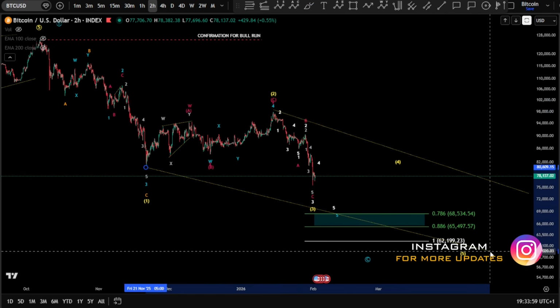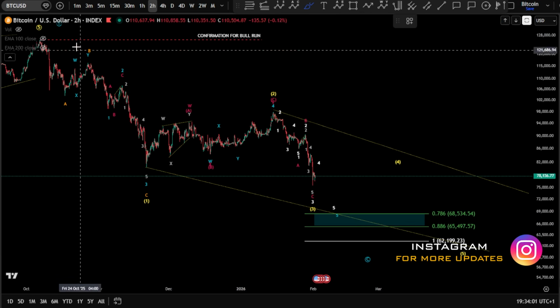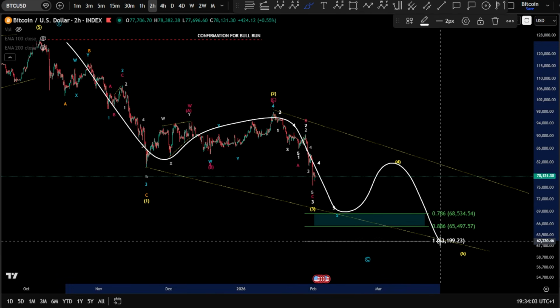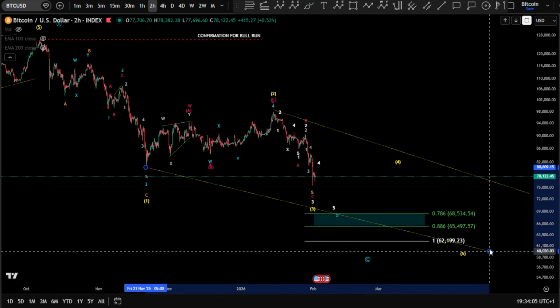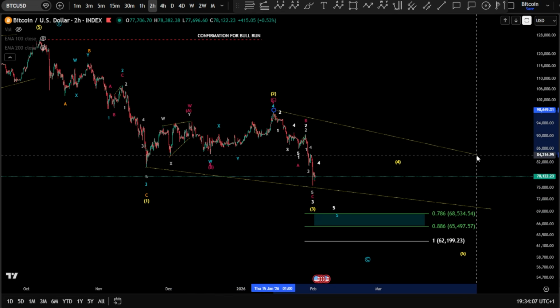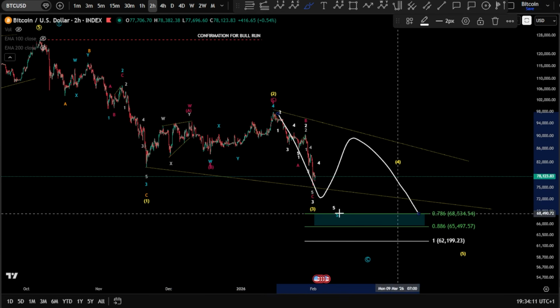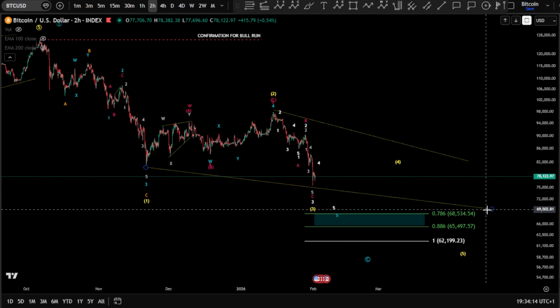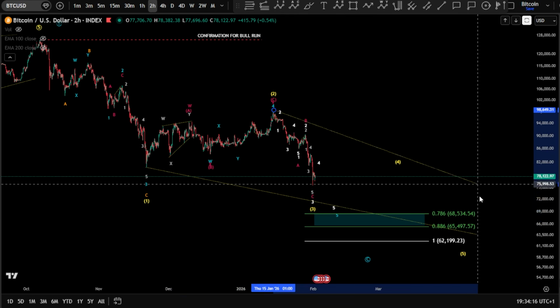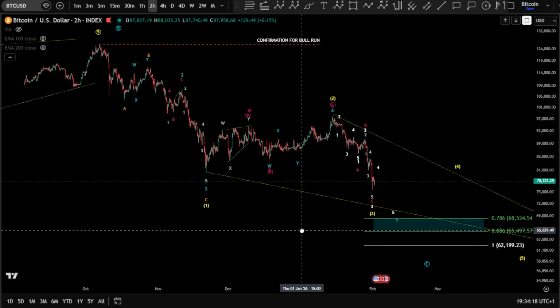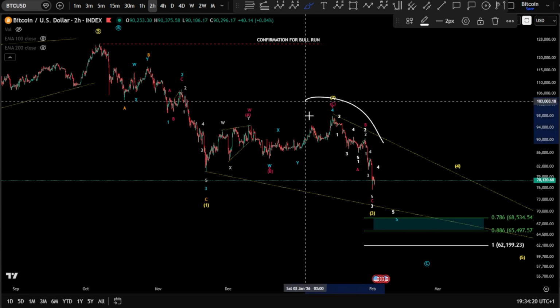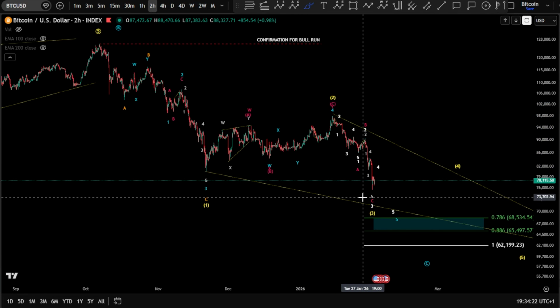Is it an aggressive ending diagonal for something deeper, or a less aggressive one? Something like that, finishing up somewhere here, and then starting the bull run. So very likely that it might start from there. But now the question mark is, did we finish the wave 3 or not?